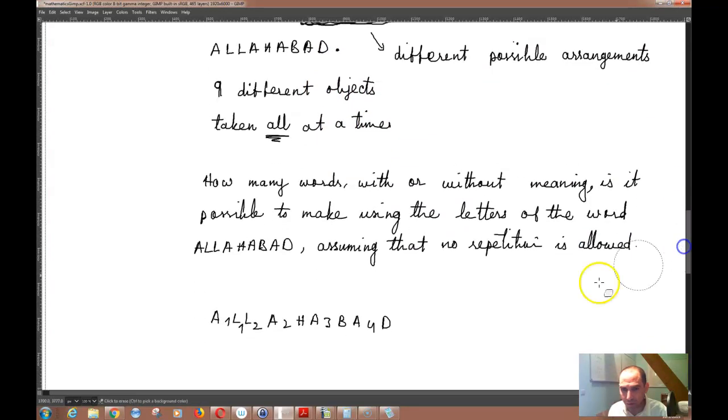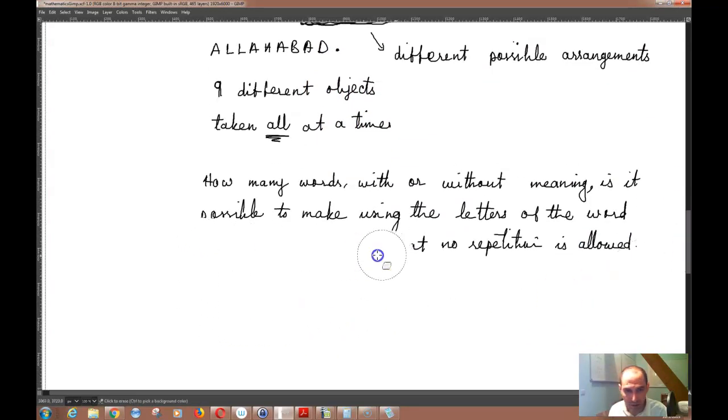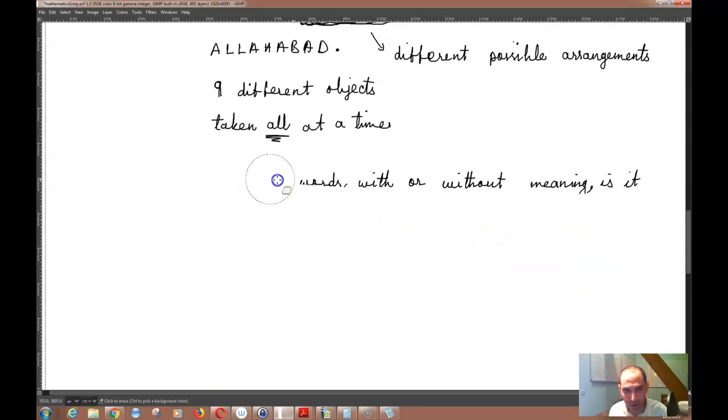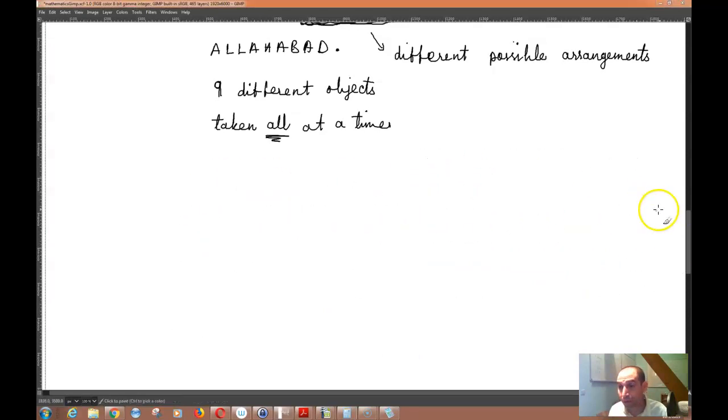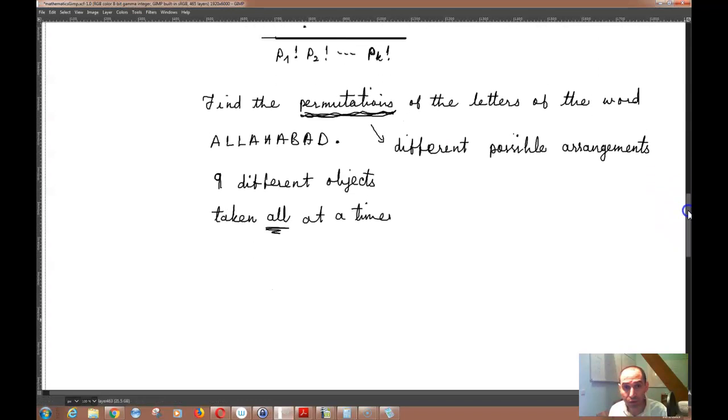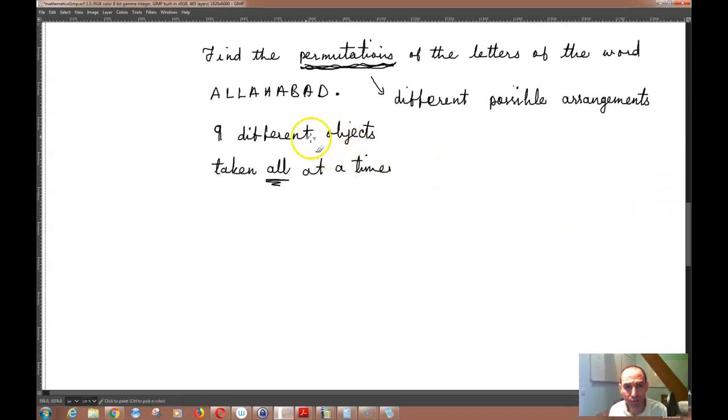So now, assuming that we understand the question, let's try to solve it. To solve this question, here I assume that there are 9 different objects: 1, 2, 3, 4, 5, 6, 7, 8, 9.